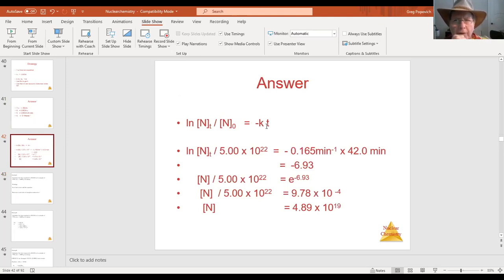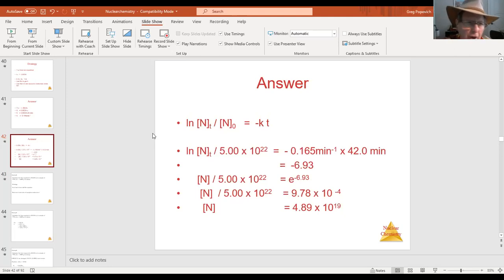So Manuel, is it the amount of nuclides left, or the amount that reacted? It's the amount of nuclides left at time t. Does that make sense, Manuel?